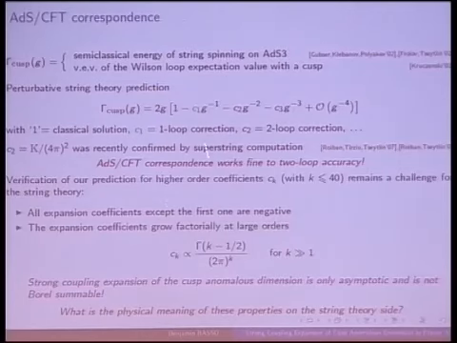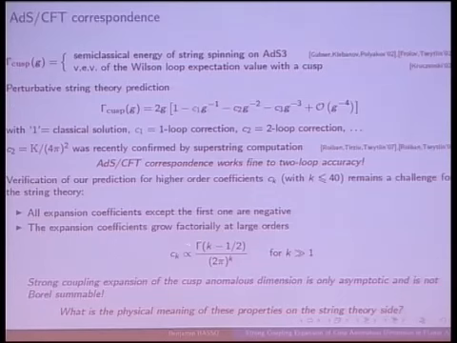Then what can be said about the higher orders? It may be difficult to test this term, but what we can learn is that all the expansion coefficients except the first one are negative, and the expansion coefficients grow factorially at large orders.